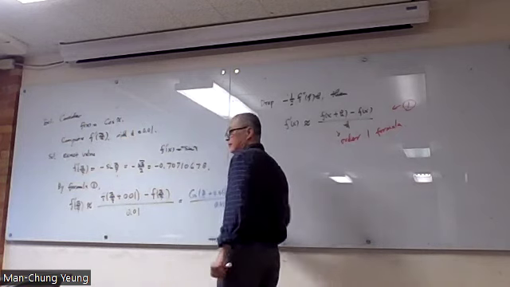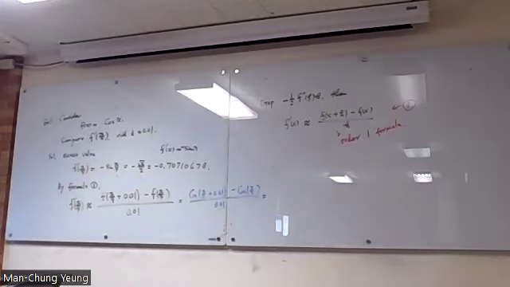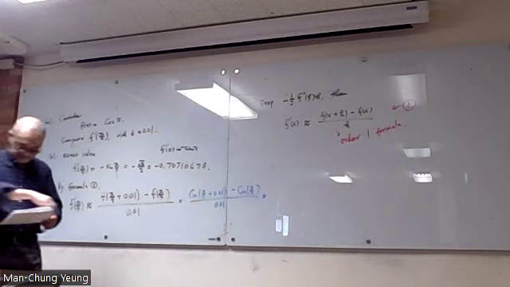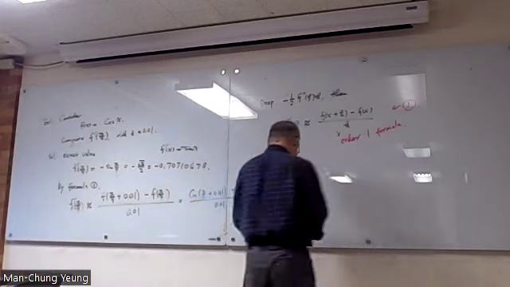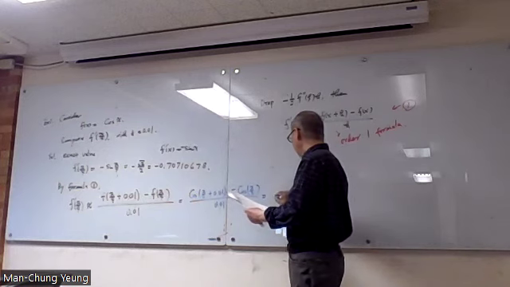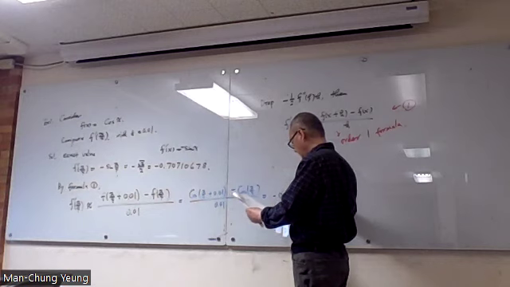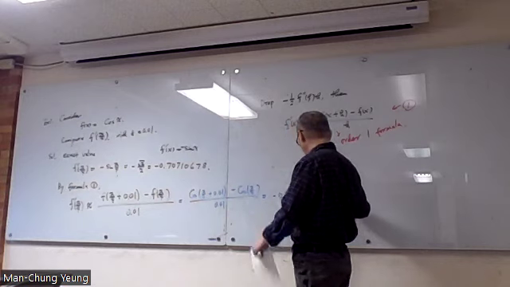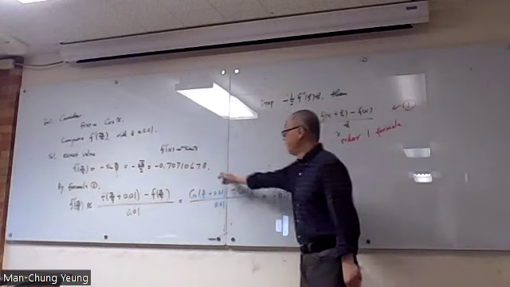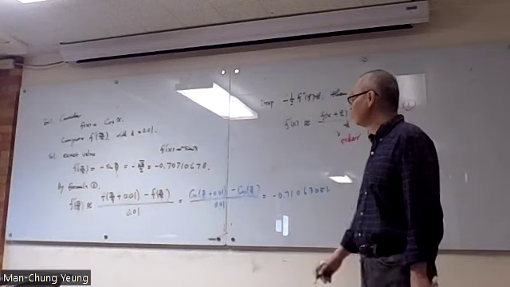On the calculator, it is negative 0.7051. Exact value, approximation, they're close.